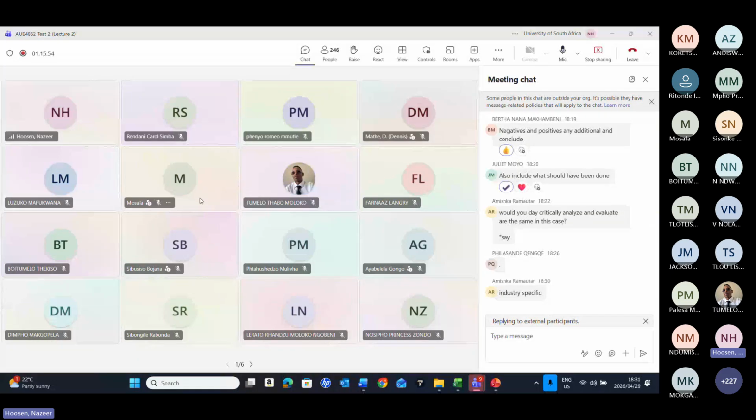That's how an analogy would be made, because it's within that specific industry. So that is a good spot. Well done, Tumelo. We can now go into the scenario and dissect the information in the scenario.